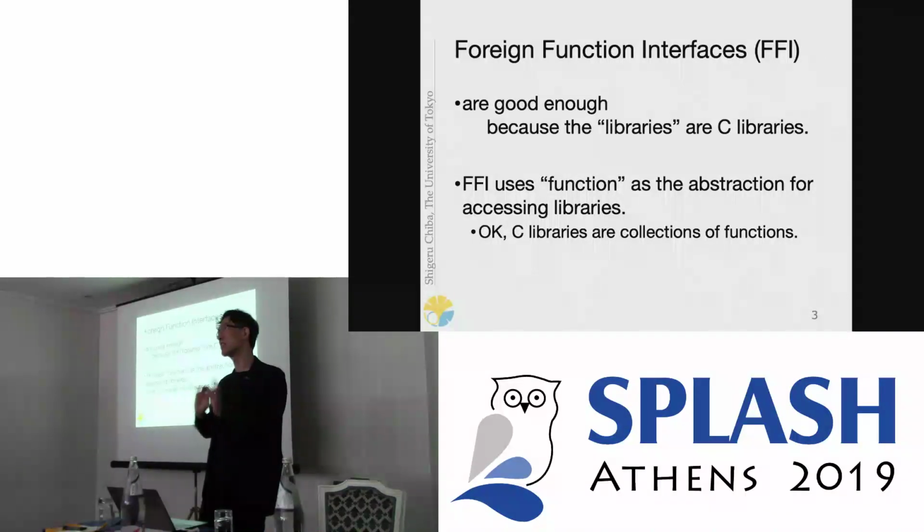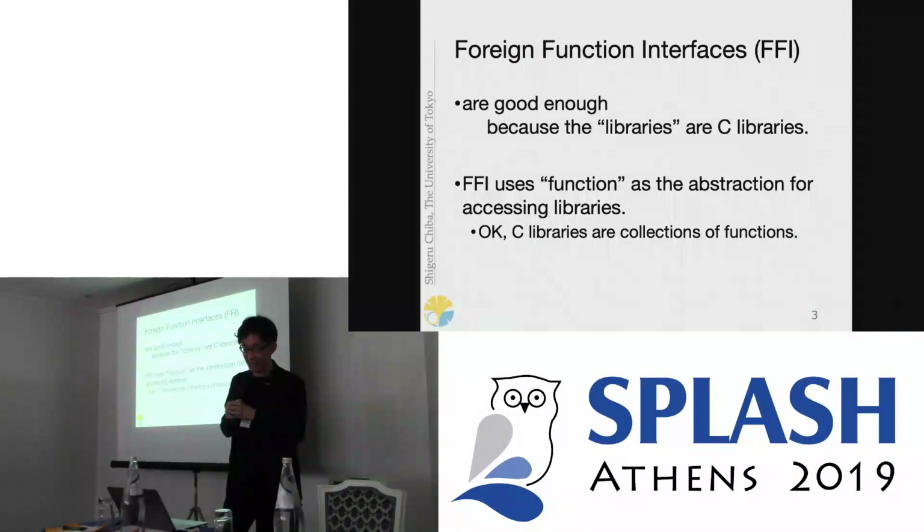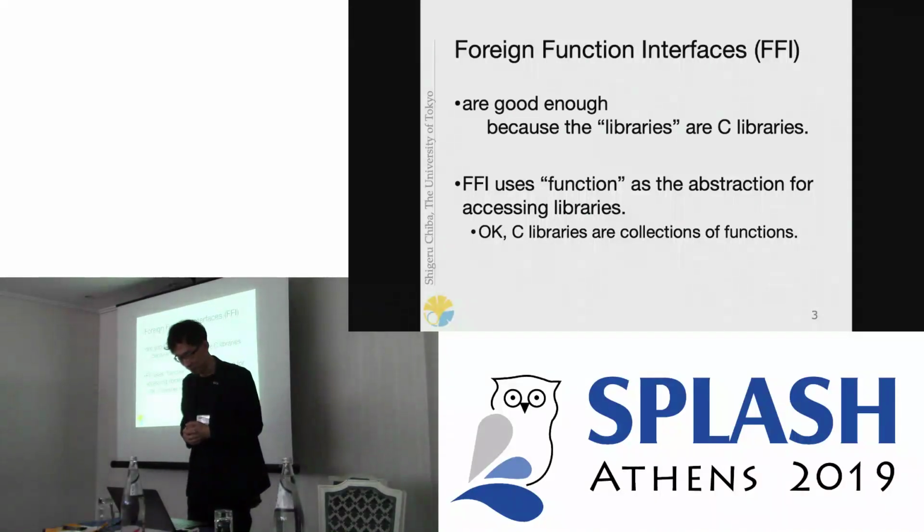We could ignore libraries written in other languages, well, in practice. FFI uses a function as the abstraction for accessing libraries. That's the key, that's why it's called a function interface. This is fine because C libraries are basically collections of functions, so it's very natural to call a function written in C.